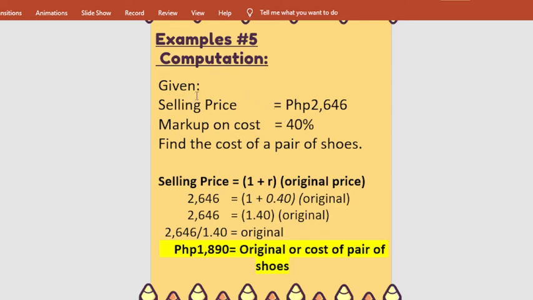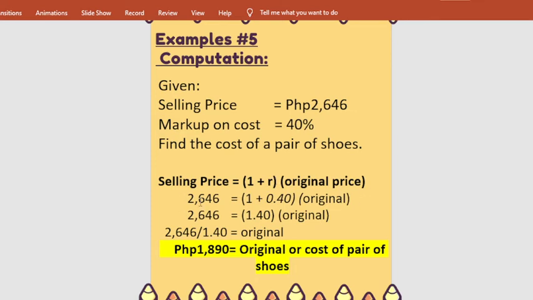First, we have to write the given. Selling price is 2,646. Markup on cost, which is 40%. And we have to find the cost of a pair of shoes, the original price. So, how much is the original price? Selling price is equal to 1 plus rate times original price.